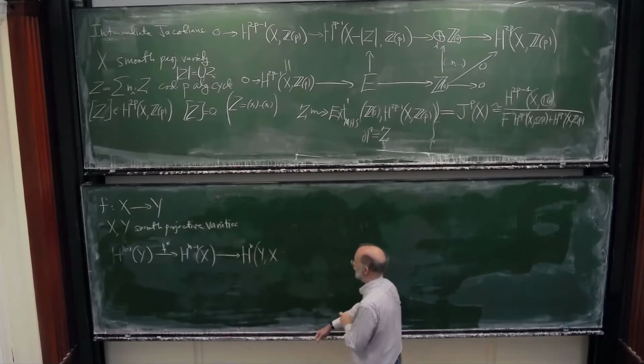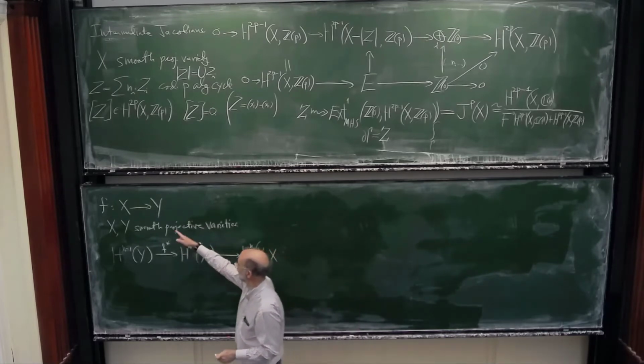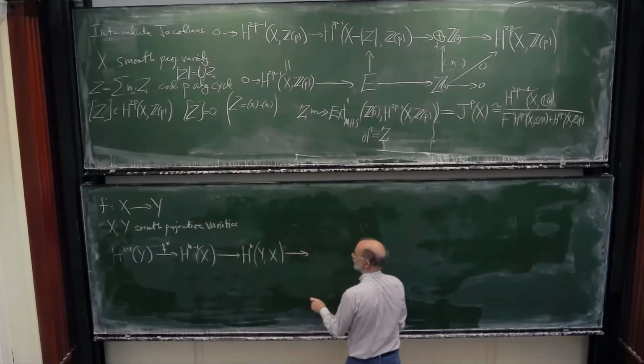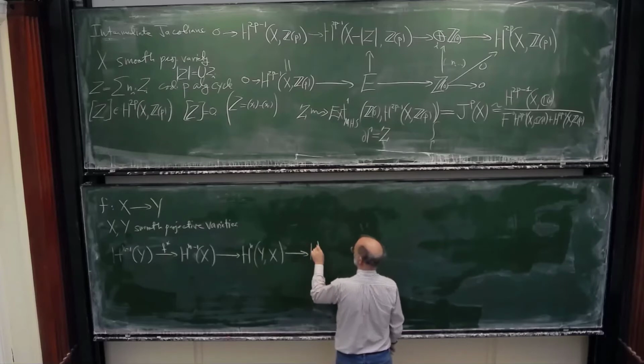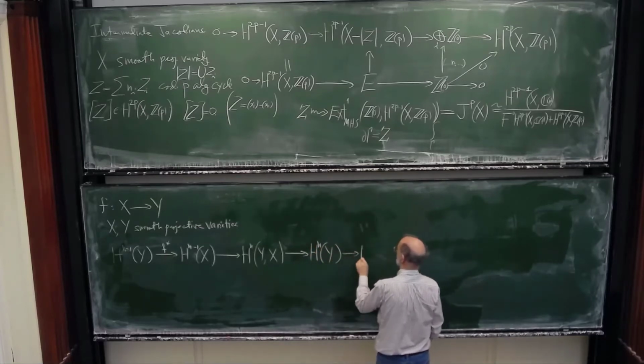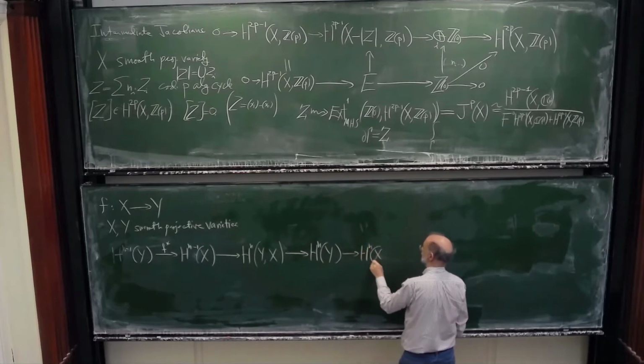That would be the notation if x was a subvariety of y, but I don't need to assume that. And then we go to H^n of y, and then x.